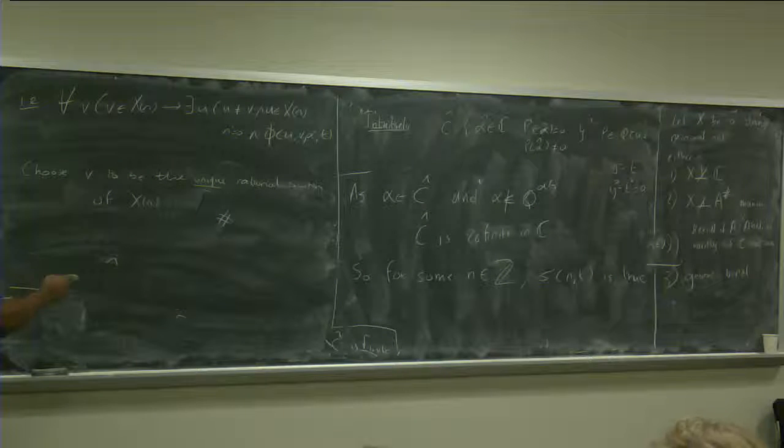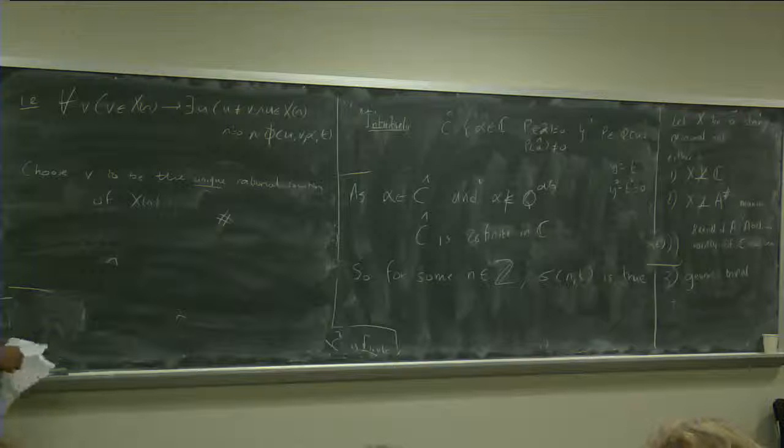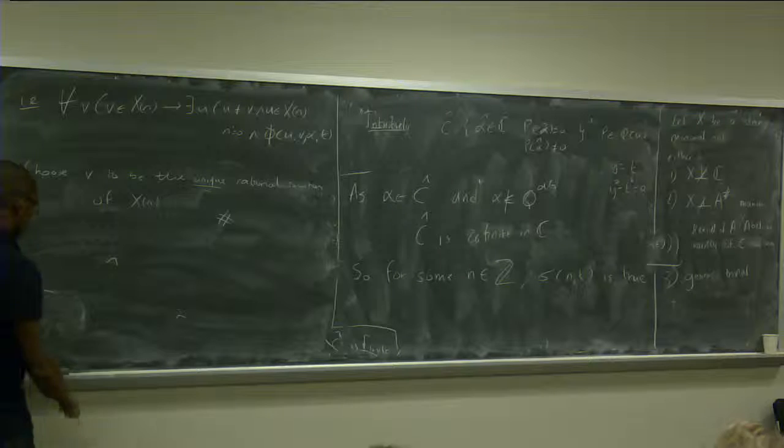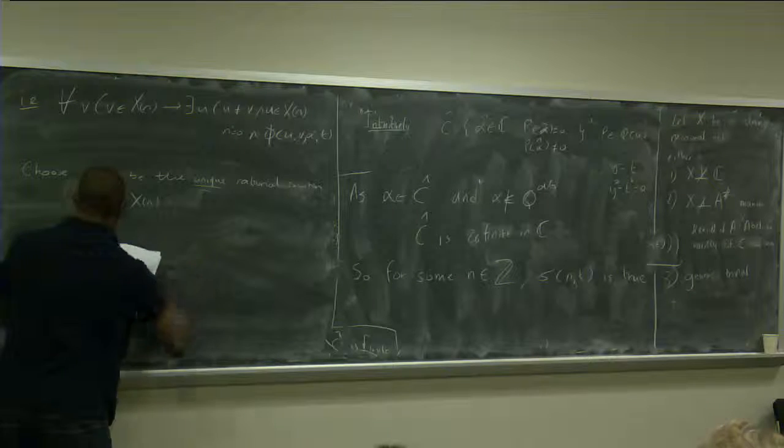Shall I write it a bit more? When you wrote down before that you have a unique rational solution, or unique algebraic, it was algebraic over C of t. Maybe I should spell it out.